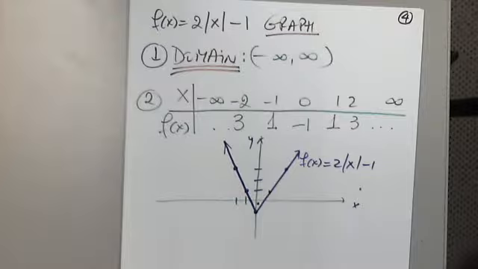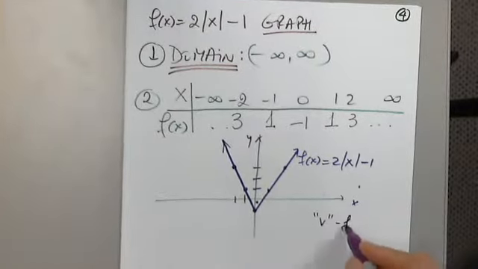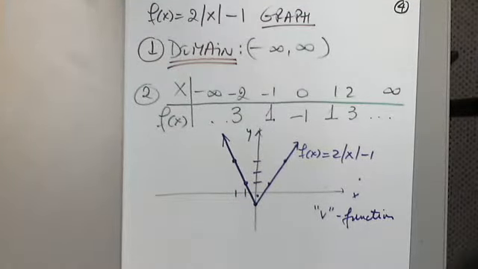The absolute value function is normally called, it could be opening upward or opening downward, but it's normally called a V. It's called a V function. You don't have to remember it like that, but just to have an idea. Very good. So now let's do this with the graphing calculator, just to show you.